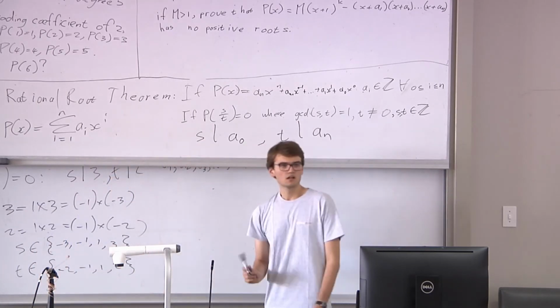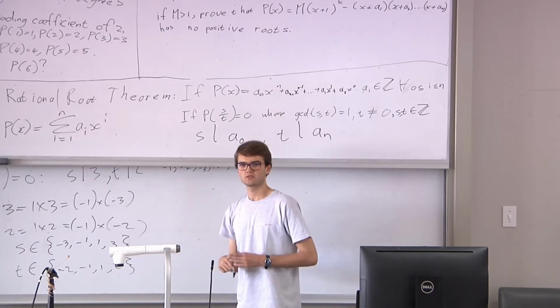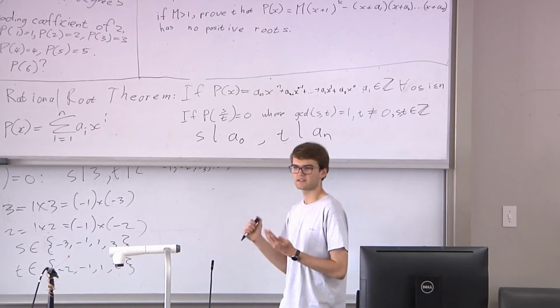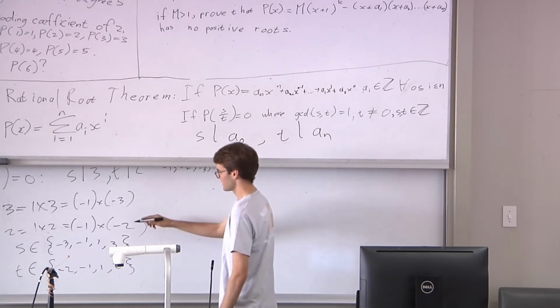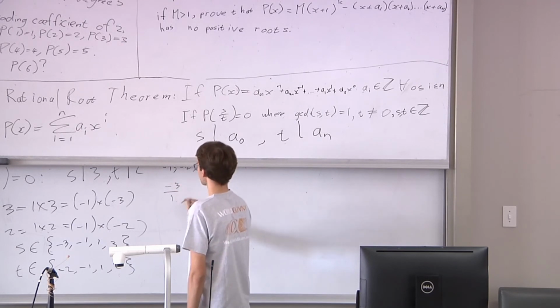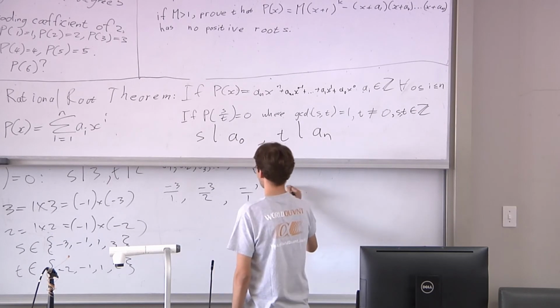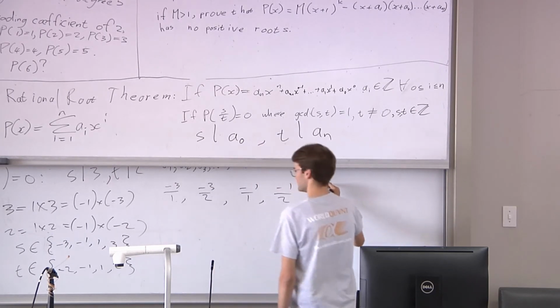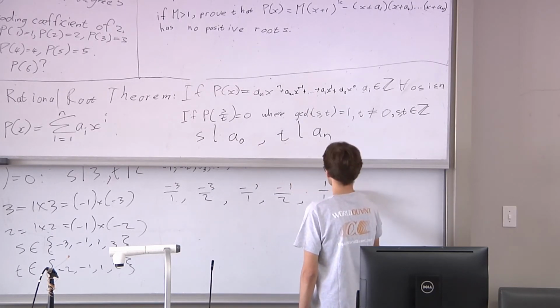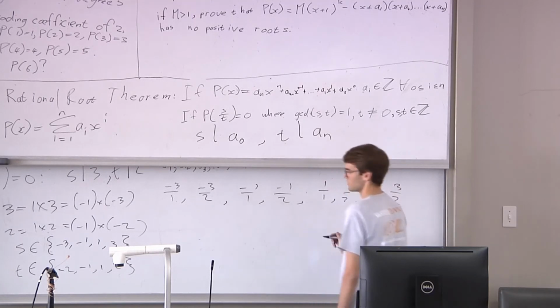Okay? So at this point, you can just make every single rational number that you can and check that it's a root. So you would check -3/1, -3/2, -1/1, -1/2, 1/1, 1/2, 3/1, 3/2.